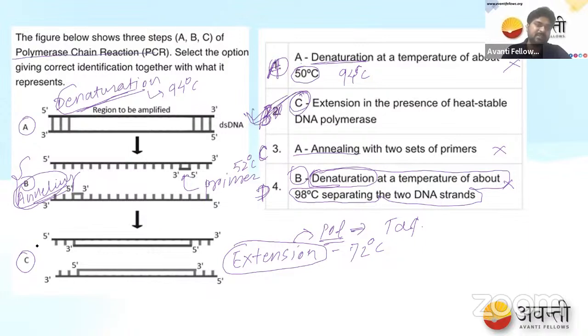That means step C is the correct step. Okay, and that's why here you can see the B, extension in the presence of heat stable DNA polymerase. ठीक है, hope you understand all the things.